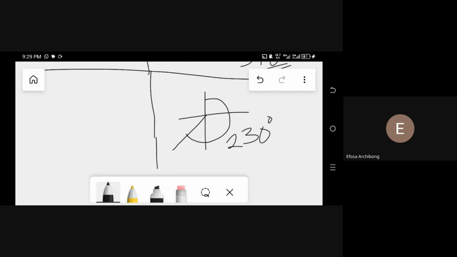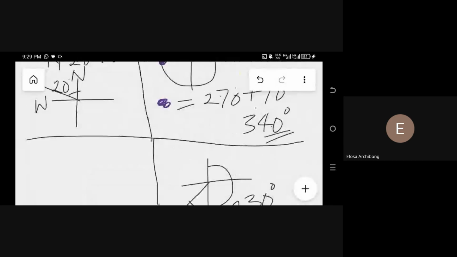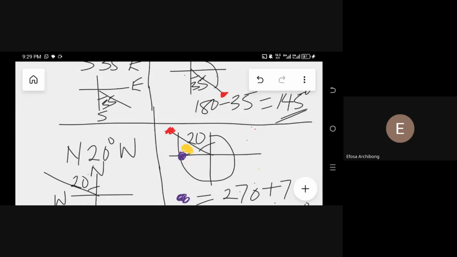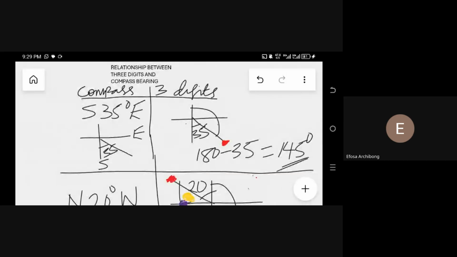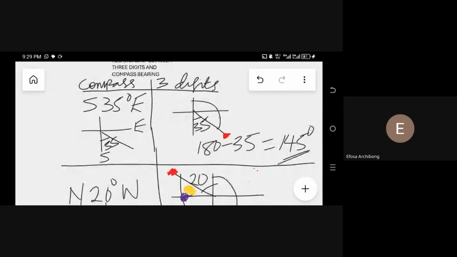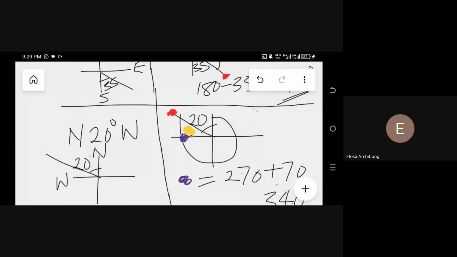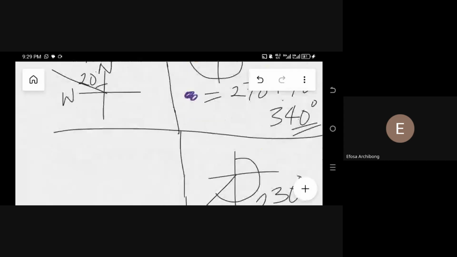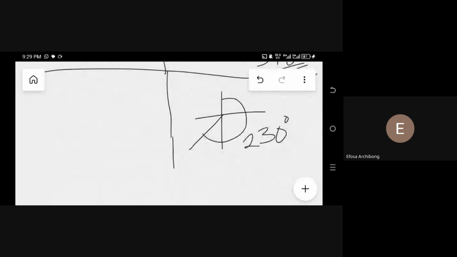This now is a three-digit bearing. Unlike examples 1 and 2, where we converted compass bearing to three-digit bearing, in example 3 we are converting three-digit bearing now to compass bearing. So let us see what we can do.